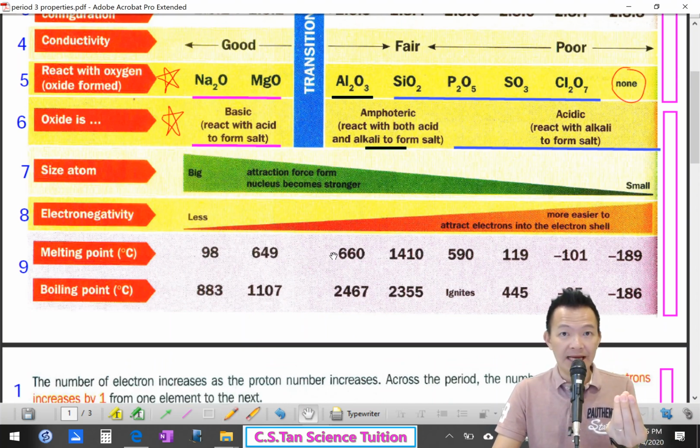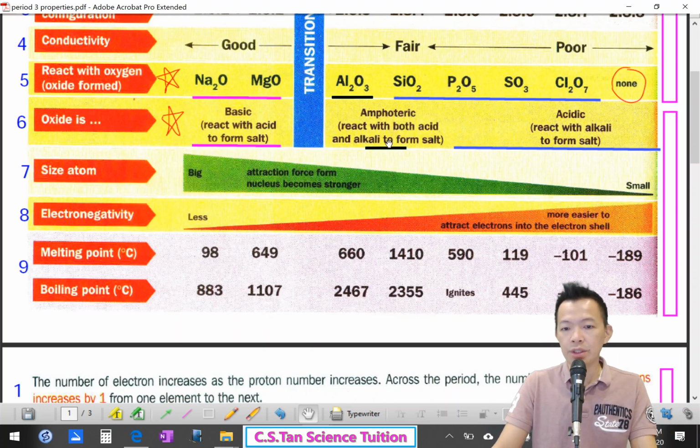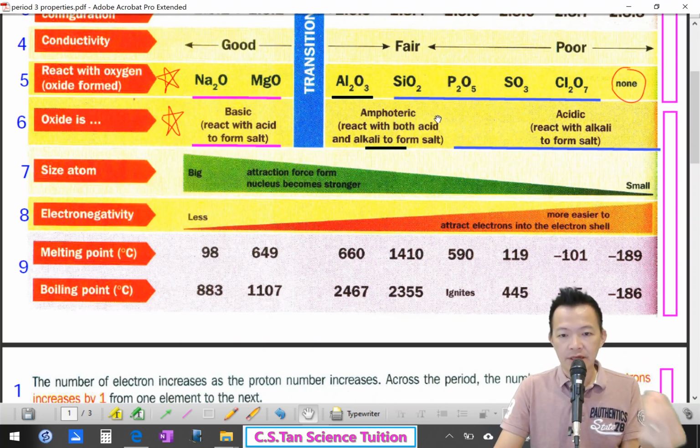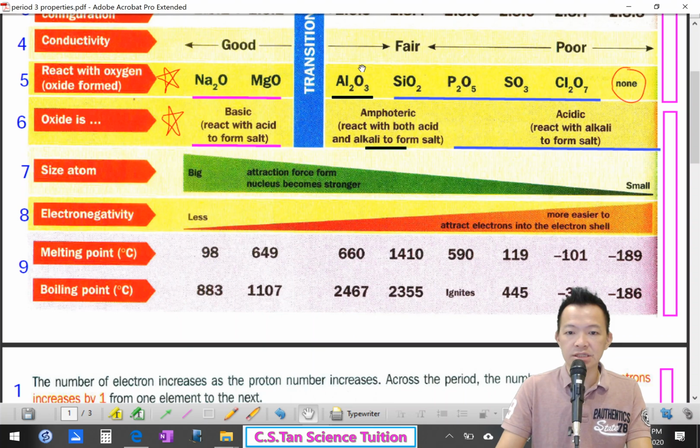If special, you like to ask in the exam, 在考试喜欢问. So amphoteric oxides, it means it can react with both acid and alkaline to form the salt. 它可以跟 acid，它也可以跟 alkaline 起反应产生盐。OK，只有它罢了。So very special，只有它能做到这件事情。Aluminium oxide.